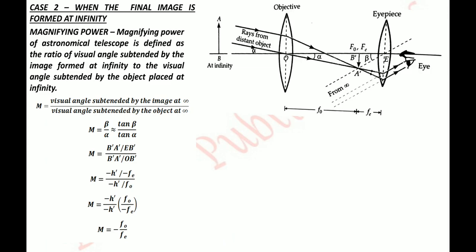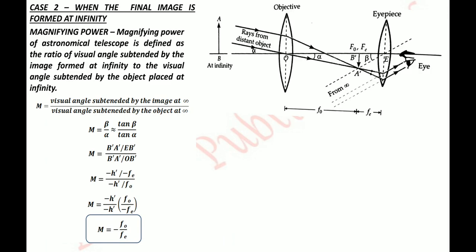If we write H dash together, minus H dash upon minus FE, in bracket minus H dash upon FO. H dash will be cancelled out, and we are going to have magnifying power M is equal to minus FO upon FE. This will be our formula for magnifying power when the image is formed at infinity.